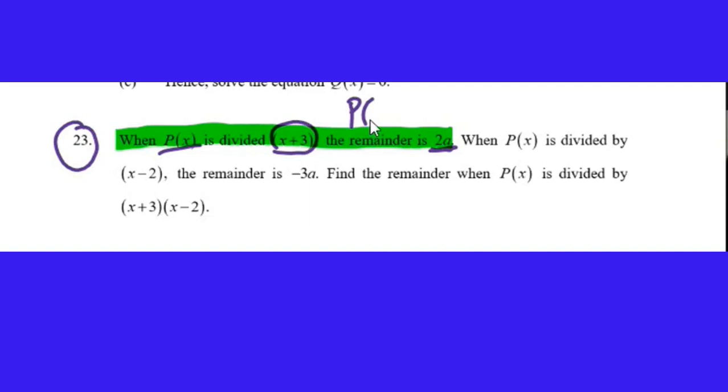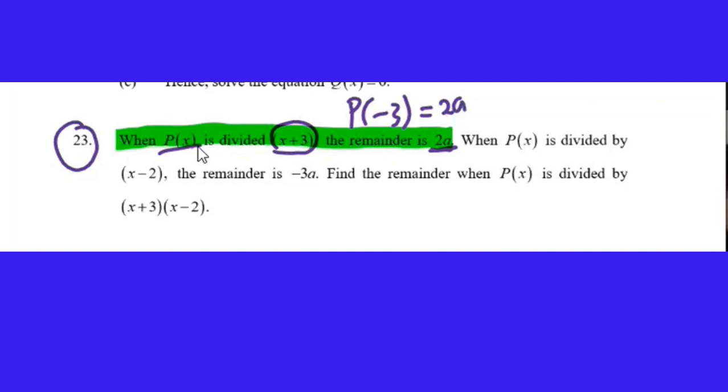x is equal to negative 3. Substitute. Where is the remainder? The answer is P of negative 3. The remainder is equal to 2A, right?